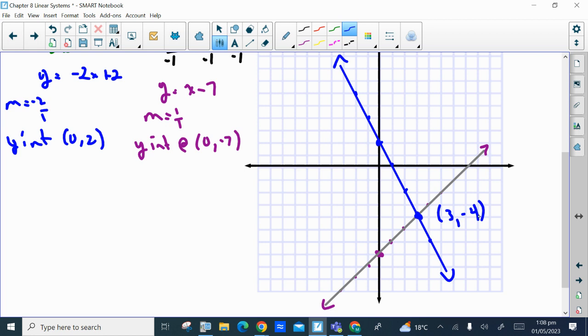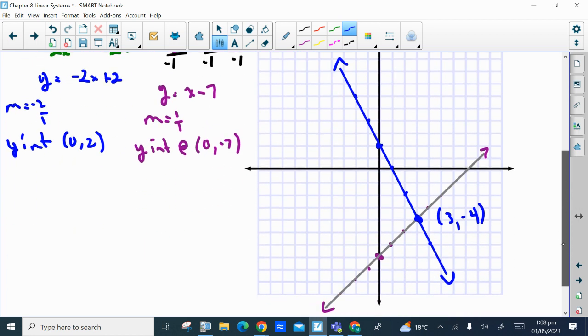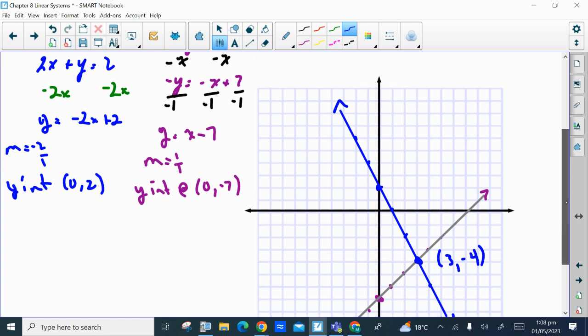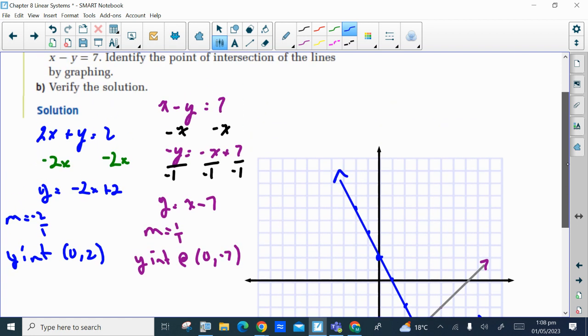And when you're checking, you want to use the original equations. If you made a mistake when you converted to slope-intercept form, the answer you got should match the equation you wrote by getting y by itself, but if you made a mistake getting y by itself, it's not going to show up.